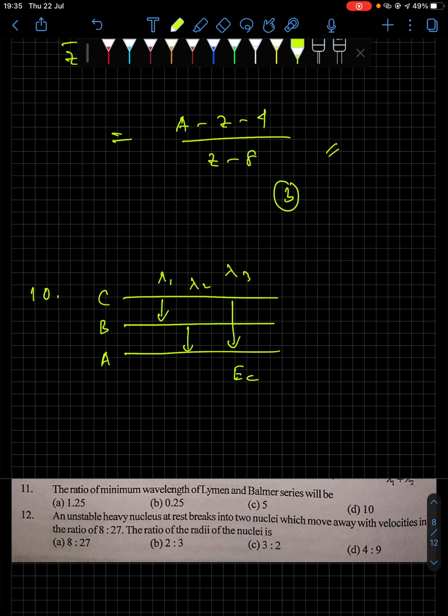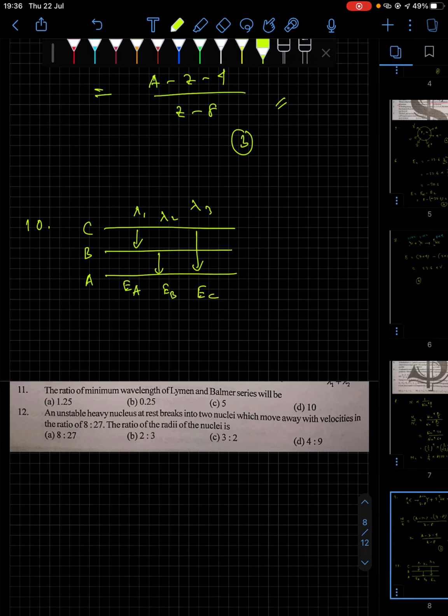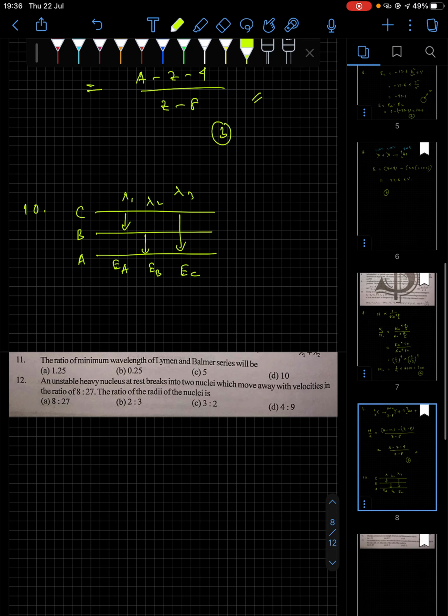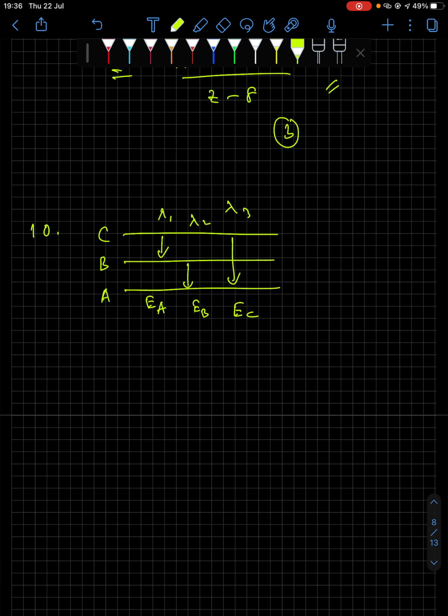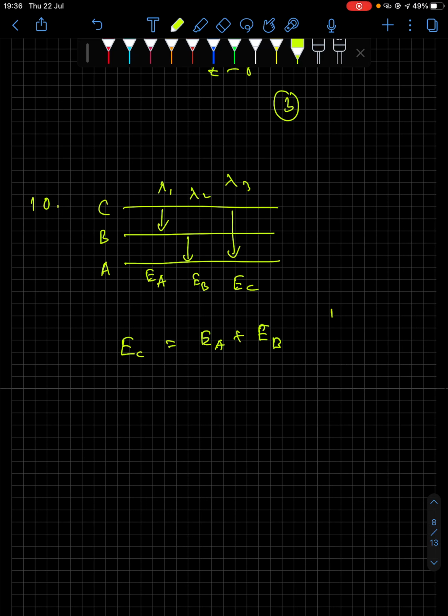Now EC was the highest, followed by EB, followed by EA. So from here you can clearly notice that EC will be equal to EA plus EB. Now we can write down E equals to HC by lambda, right?